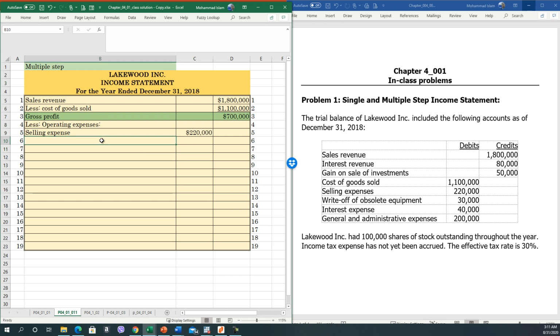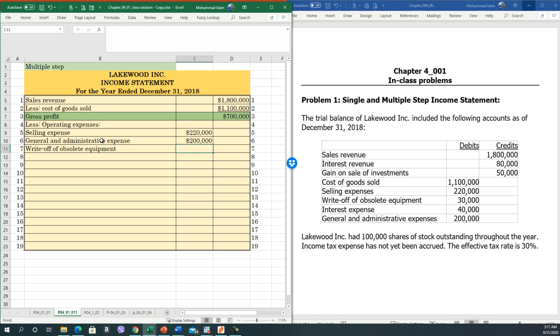So selling expense, then general and administrative expense 200,000. Then we have write-up of obsolete equipment.